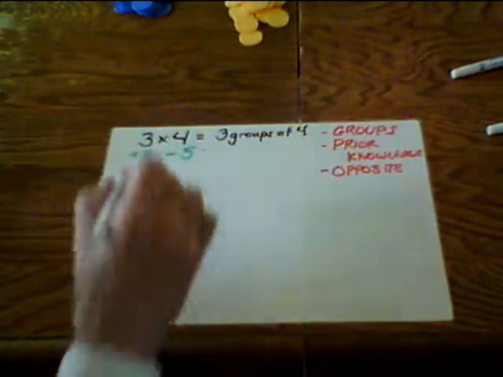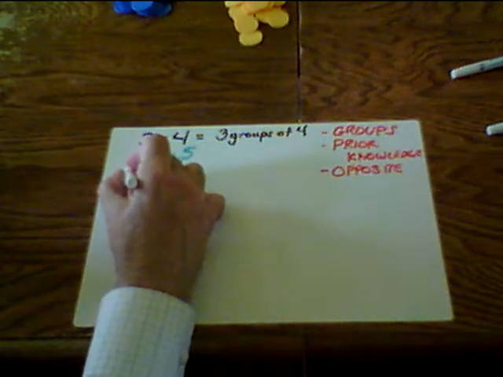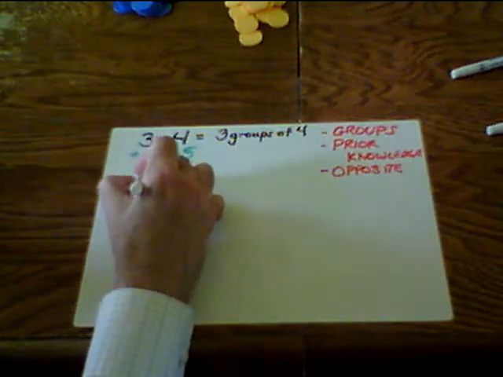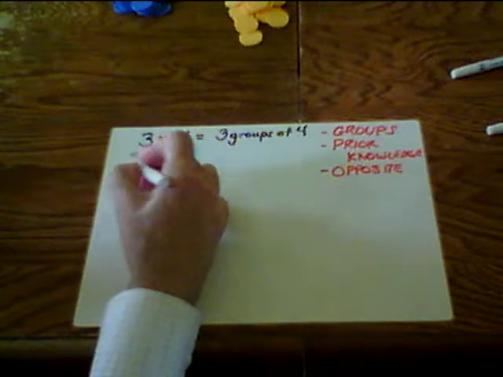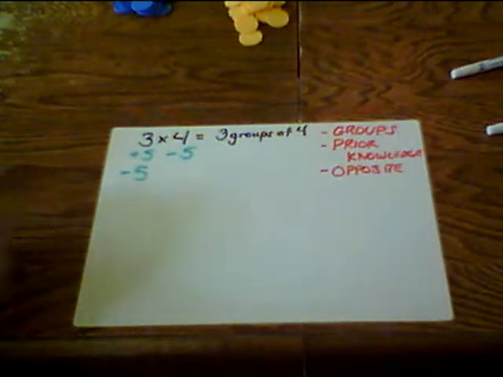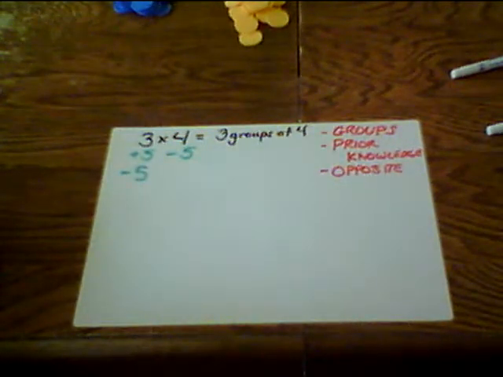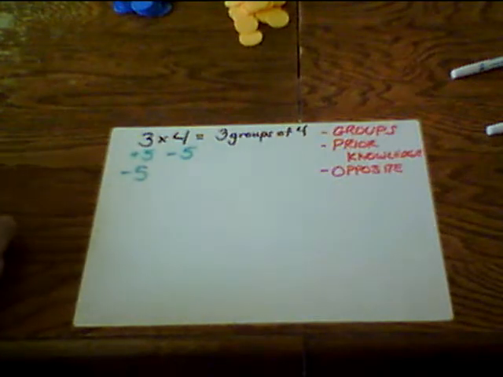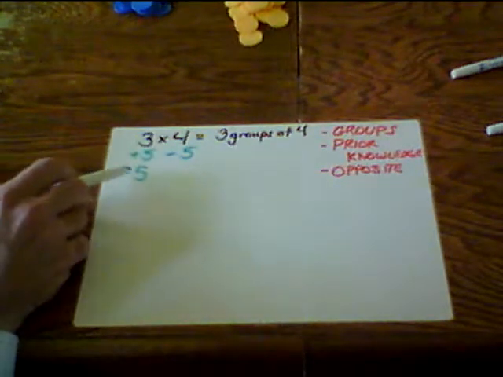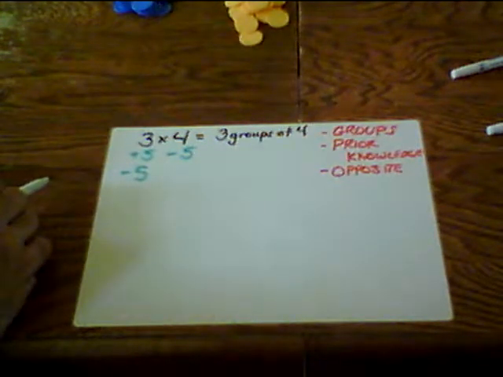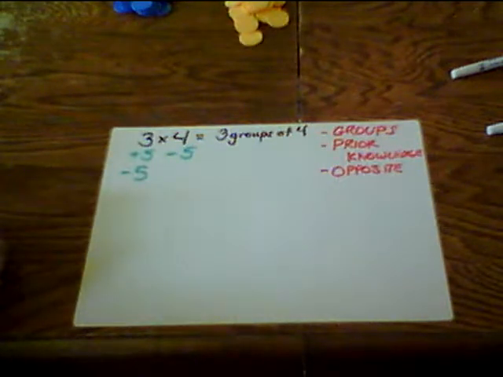You might have to do a little bit of work with this too, because if we have just the number 5, which is positive 5, we could look at this as being the opposite of 5, which in fact is also negative 5. So there's two ways to look at that minus sign. It could be the opposite of 5, which is negative 5, or it could just be negative 5.